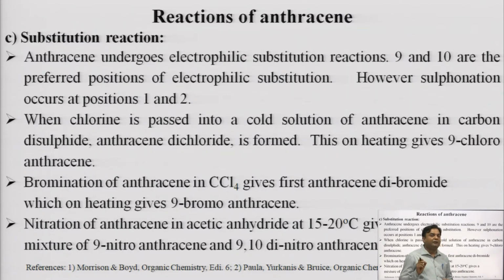Because of these electrons, anthracene easily undergoes substitution reactions, especially electrophilic substitution, because nucleophilic substitution is not possible under normal conditions because of the presence of electron clouds. So, anthracene easily undergoes electrophilic substitution. I am again repeating, the 9 and 10 positions are the most preferred for electrophilic substitution.